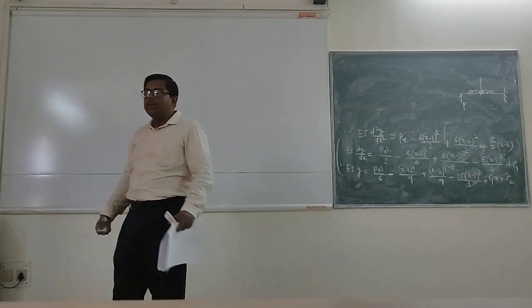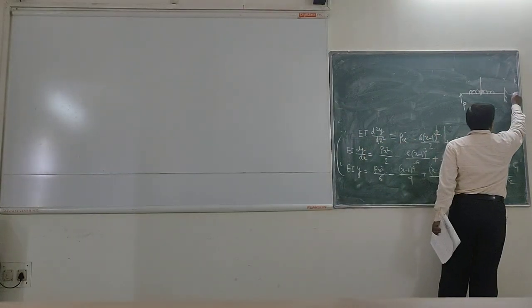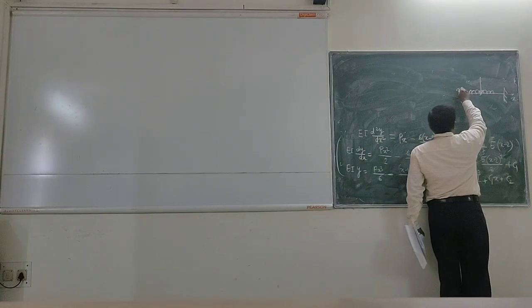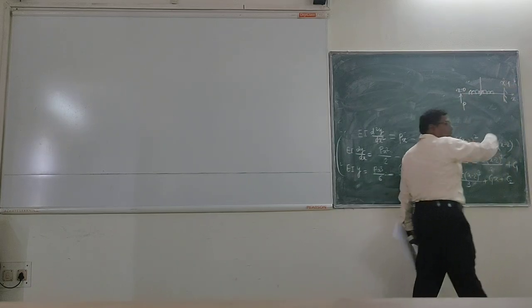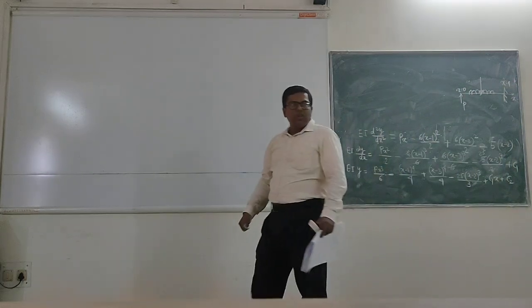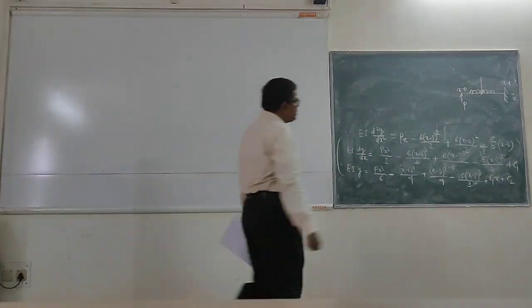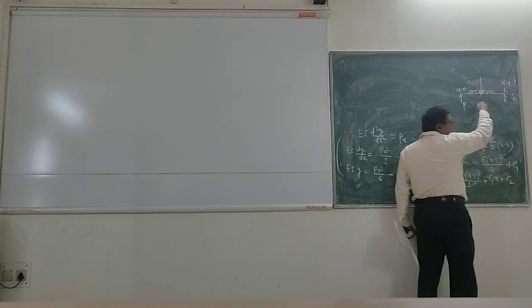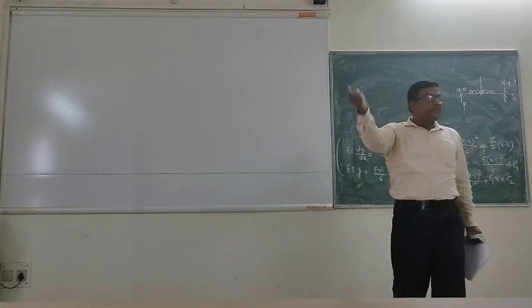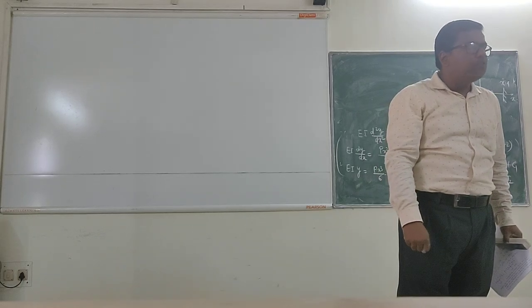Now what is the boundary condition? In this direction you are taking x. So this is your x equal to 0 and this is your x equal to 4, right? So the first boundary condition I apply: you see this is actually a fixed end. So due to the load, what will be the slope at the fixed end? dy by dx will be equal to 0.